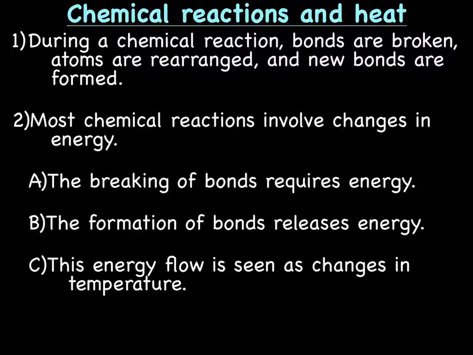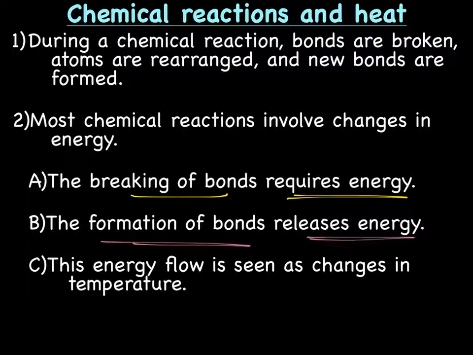Most chemical reactions involve changes in energy, and this is because breaking bonds requires the use of energy, and formation of bonds releases energy. And this energy flow of releasing and using energy is seen as changes in temperature. Okay, that's how we can actually measure changes in energy, by looking at changes in temperature, remembering that this energy is actually heat.